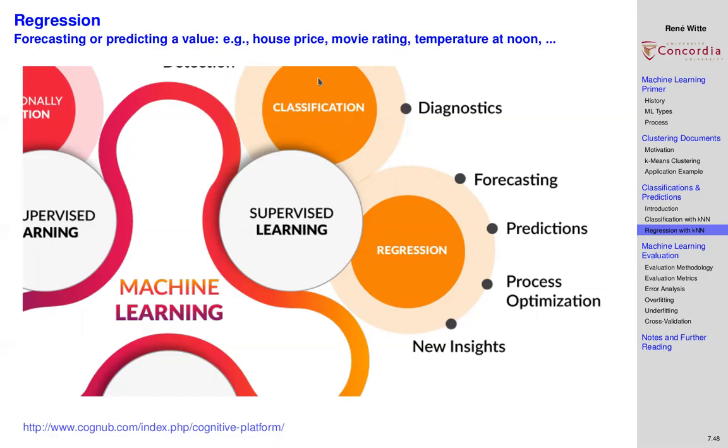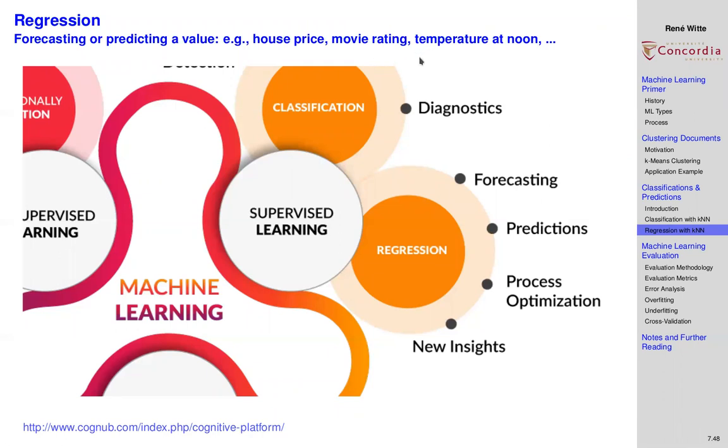For example, the price of a house given certain input data: the time it came on the market, the size, the neighborhood, and then you want to have the algorithm predict how much this is going to be worth. You might also want to predict the rating for a movie. If you're Netflix and you want to produce original content, you might want to predict how often this is going to be watched.